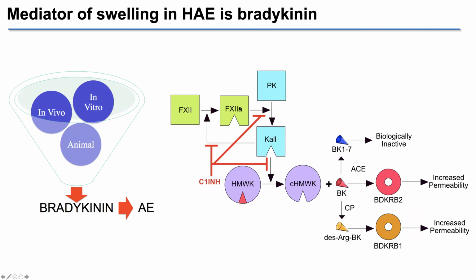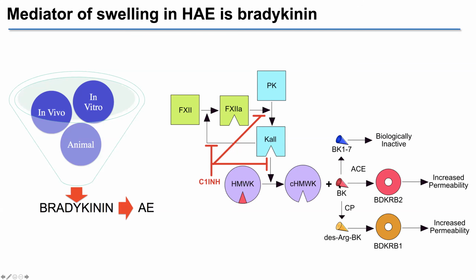Factor 12 auto-activates to 12a. 12a cleaves prekallikrein to kallikrein. Kallikrein does two things. It both activates more 12 to 12a, which further activates more kallikrein, and it also cleaves high molecular weight kininogen, releasing bradykinin. Bradykinin binds to a B2 bradykinin receptor, increasing permeability.